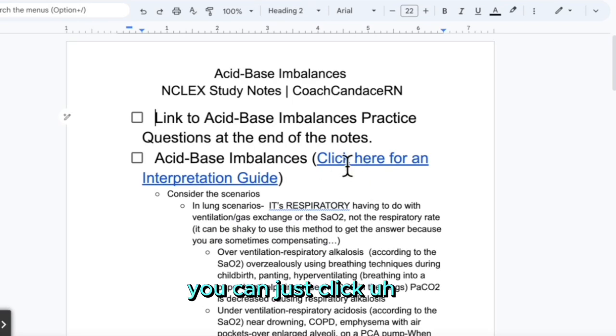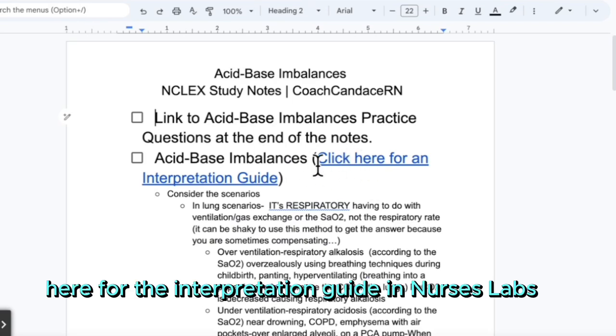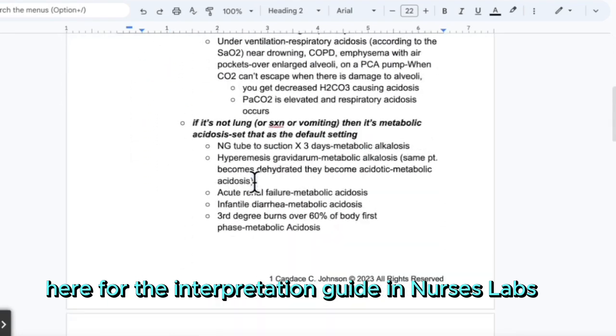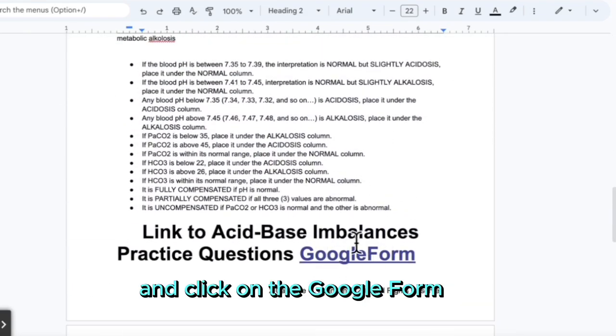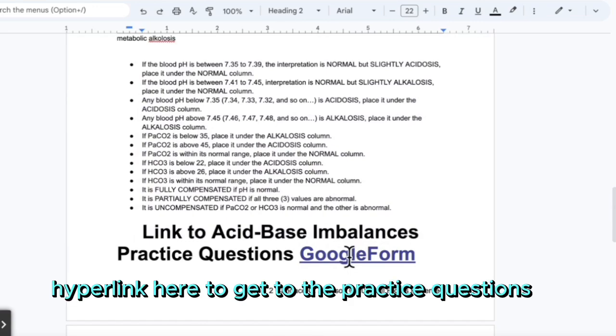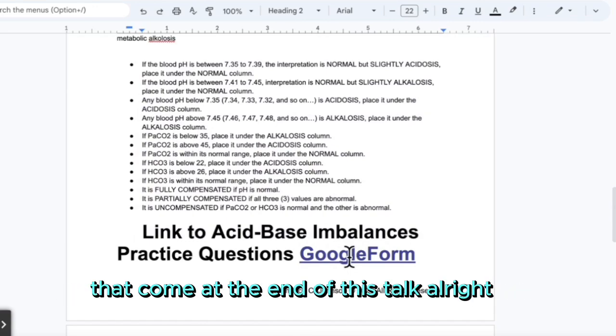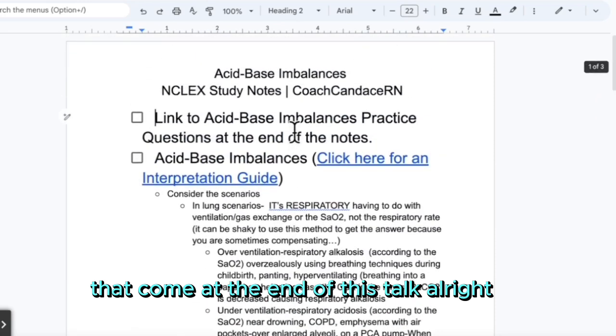You can just click here for the interpretation guide in Nurses Labs, or you can scroll down and click on the Google form hyperlink here to get to the practice questions that come at the end of this talk.